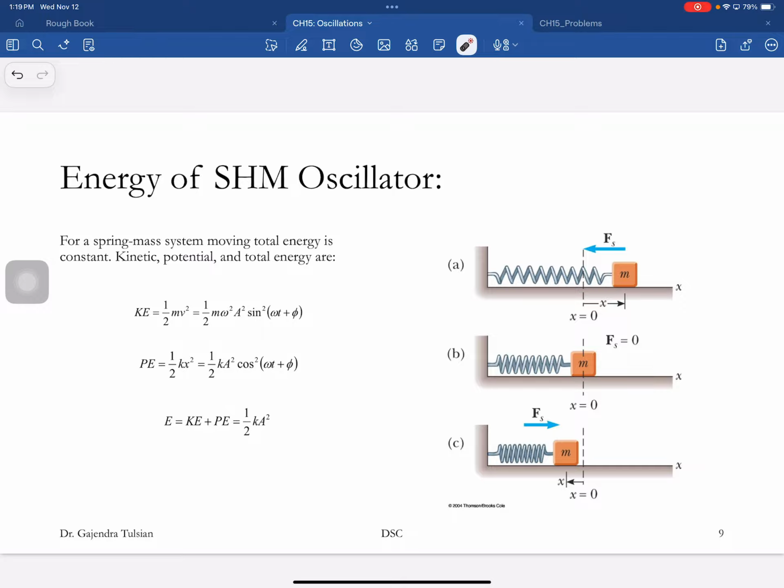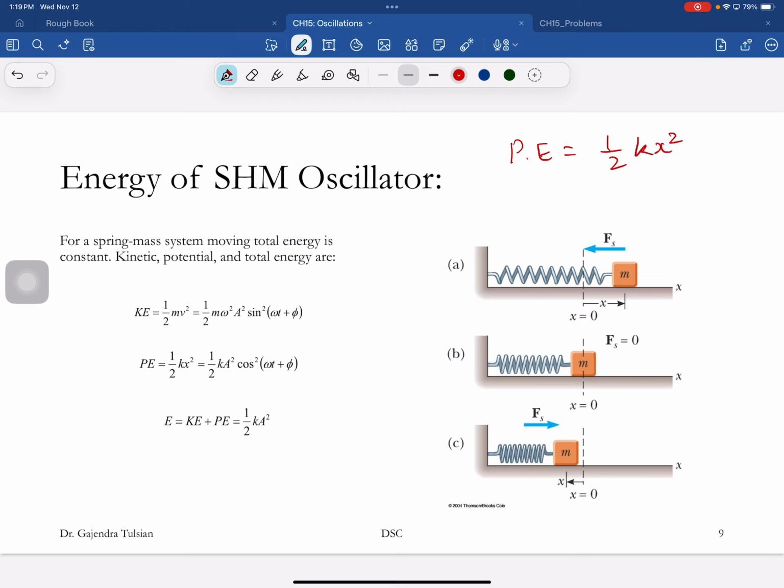Anybody remember how much potential energy there is in a spring? Anybody remember the formula? Very good, my friend. What would I do without you, David? 1/2 kx squared is the potential energy.